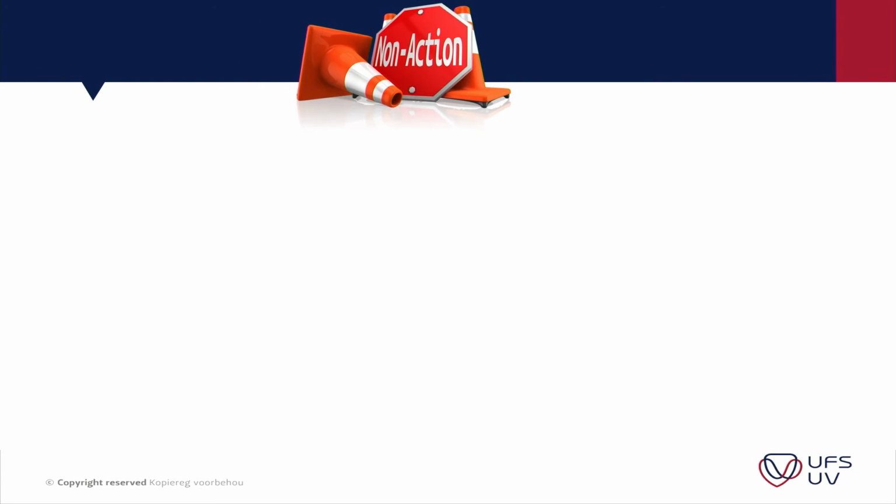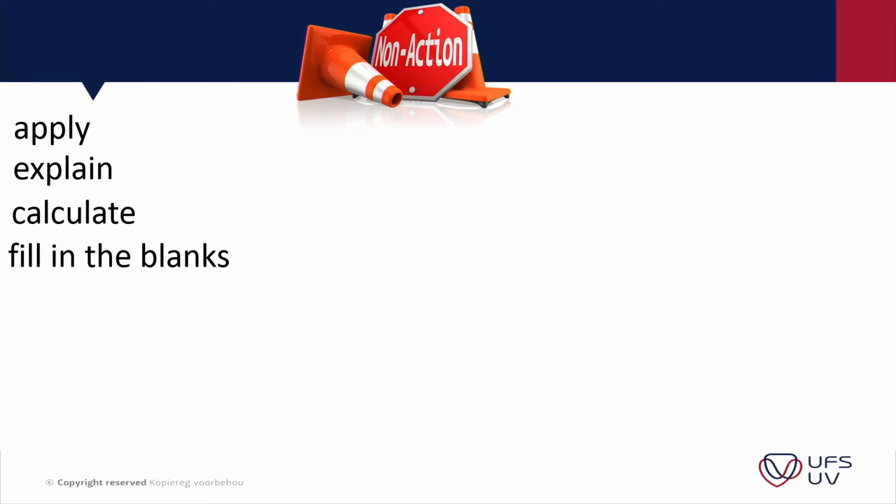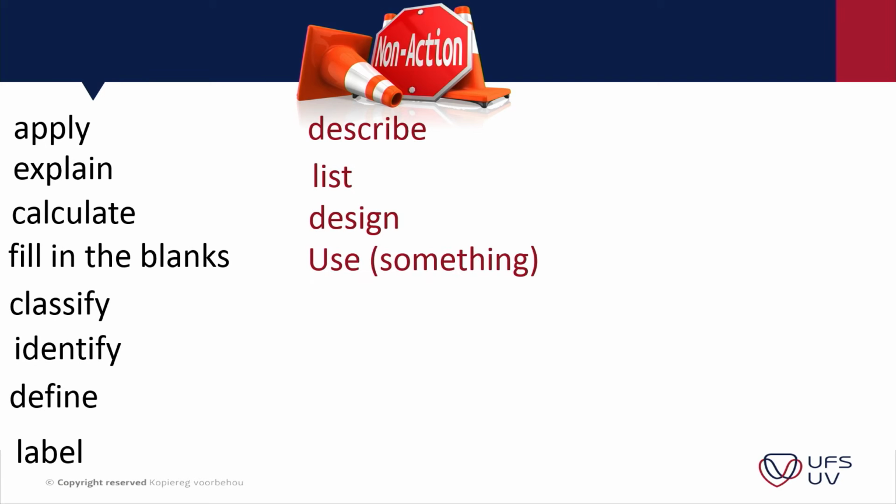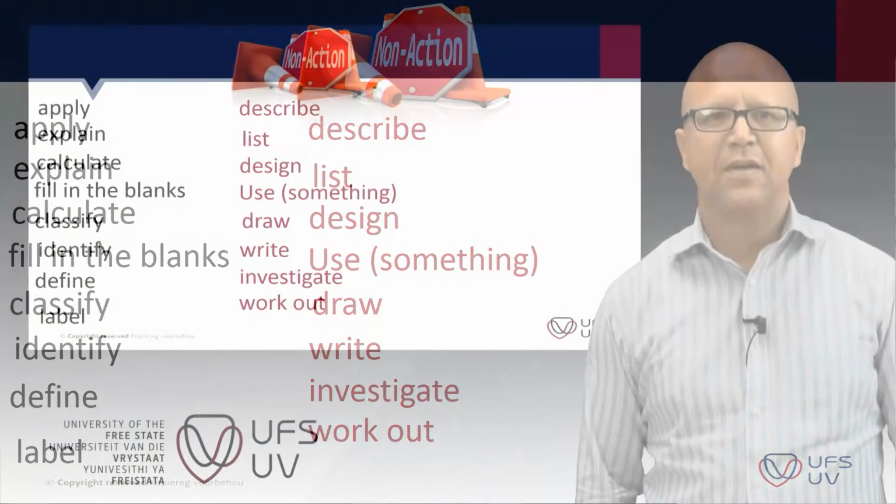Verbs that should as far as possible be avoided when one states a behavioral objective are non-action verbs such as apply, explain, calculate, fill in, classify, identify, define, label, describe, list, design, use, draw, write, investigate, and work out.